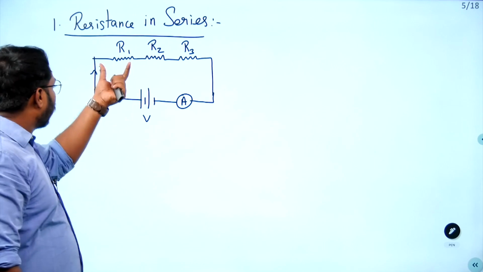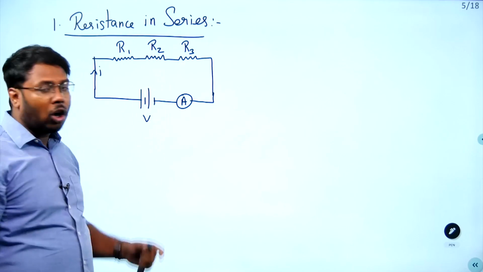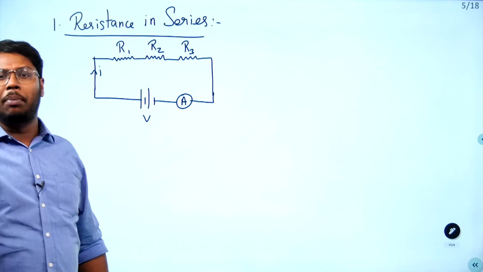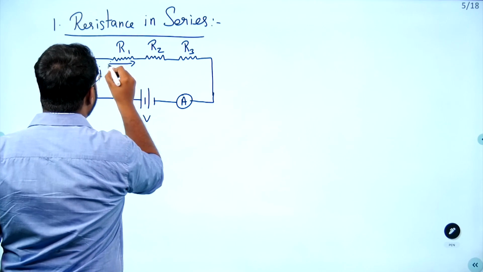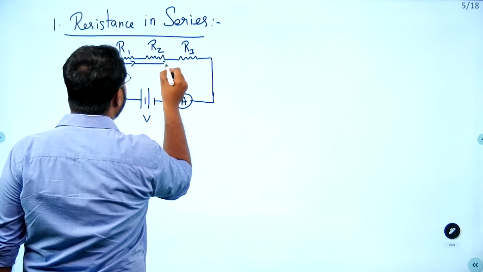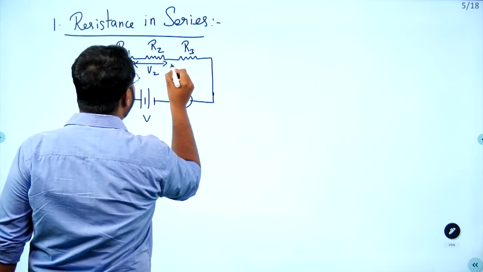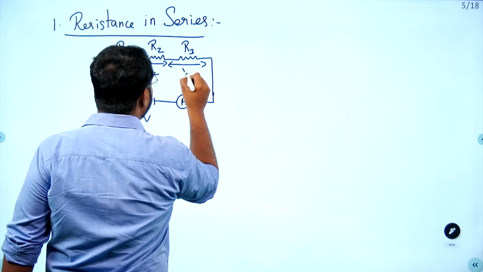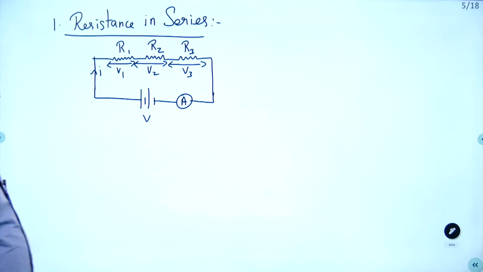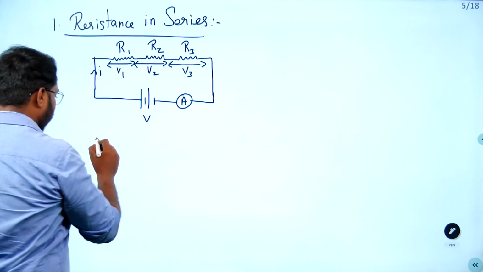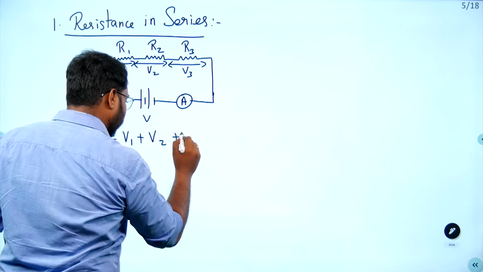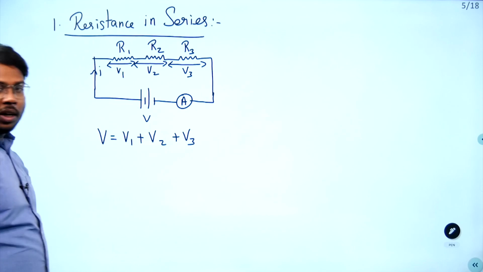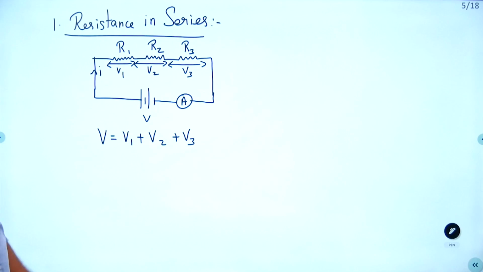Whereas the potential drop across each and every resistor will be different. Okay. So, V is equal to V1 plus V2 plus V3. The sum of the individual potential drops are V1, V2 and V3.